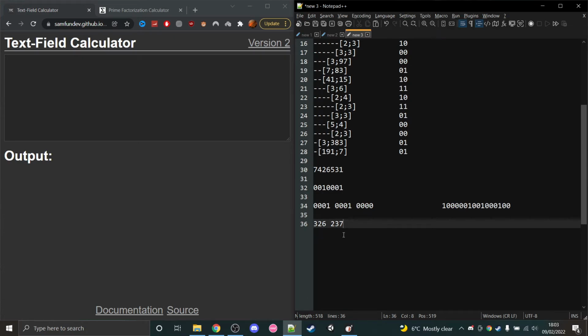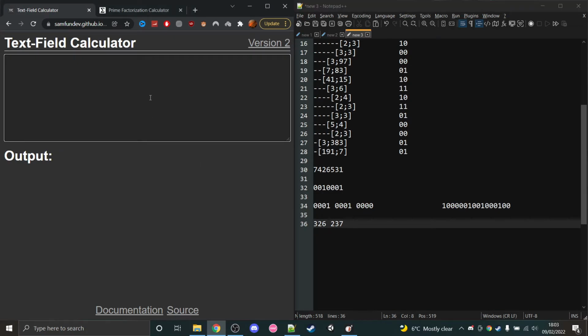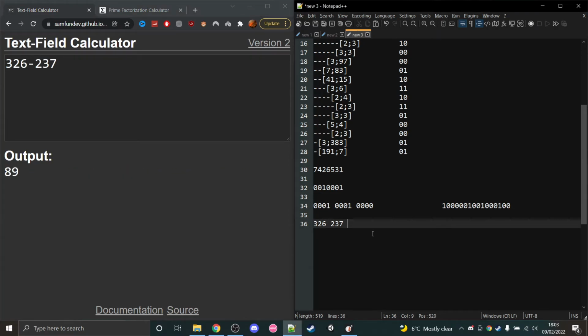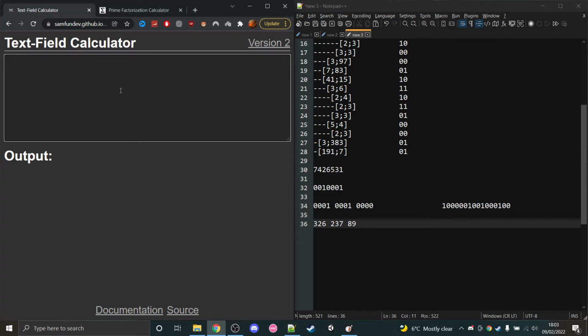So what we need to do is we take 326 minus 237 and record the result, 89. Then we take 237 minus 89. If your output is not smaller than the number, then you subtract 1 off the number that you're subtracting by and do the subtraction again.